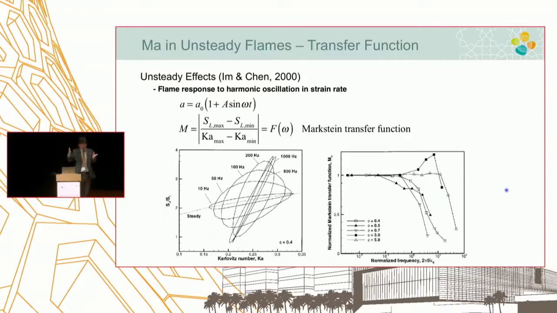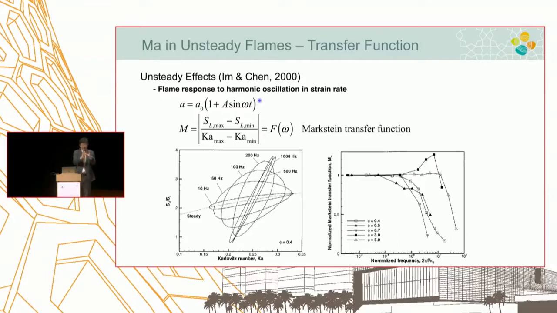And then there's a well-known Rayleigh criteria, so whether they're in phase, out of phase, you can go crazy and shut down the system. Another aspect we need to keep in mind is that this flame response to any imposed oscillation in flow field, which is hand in hand with pressure fluctuation, needs to be investigated.